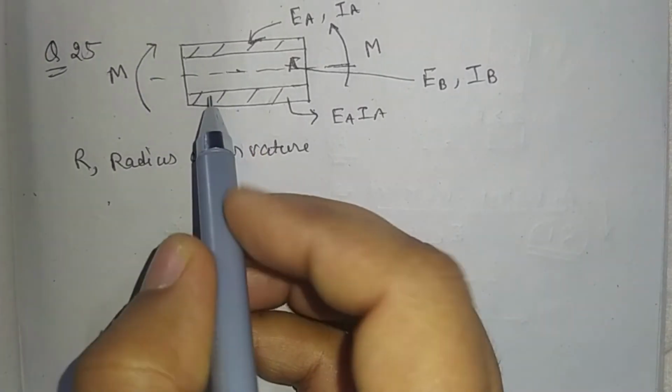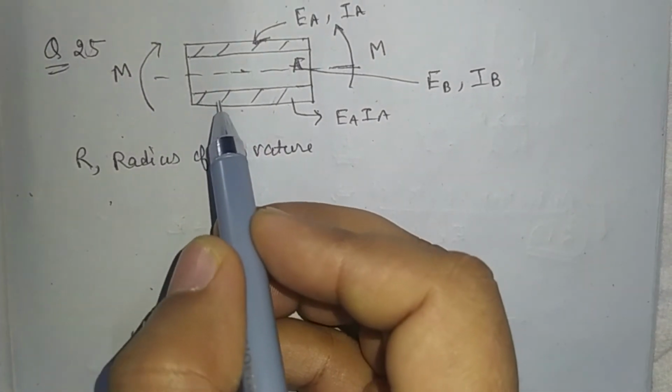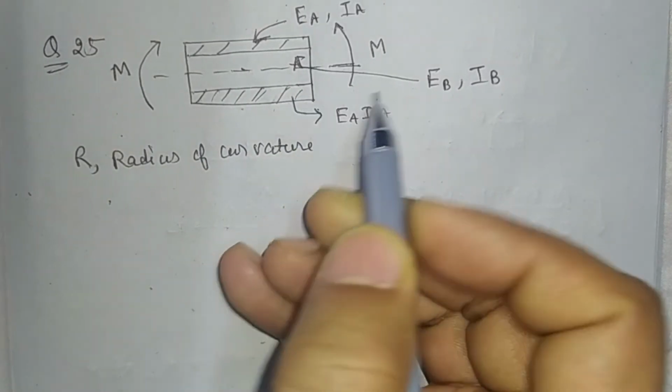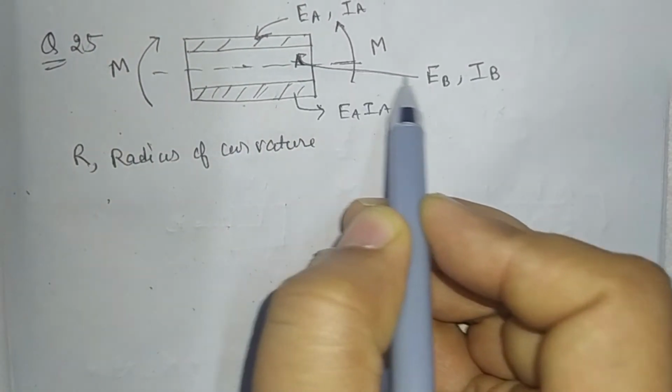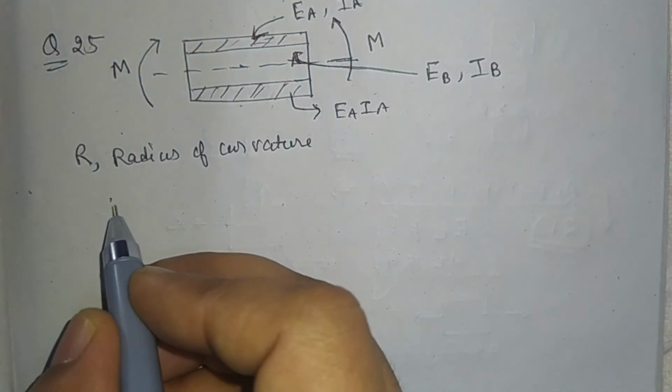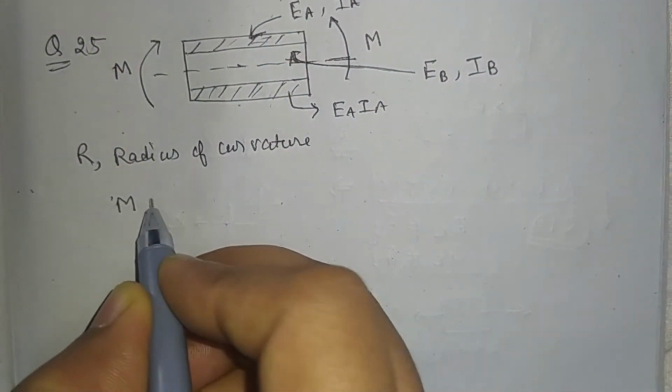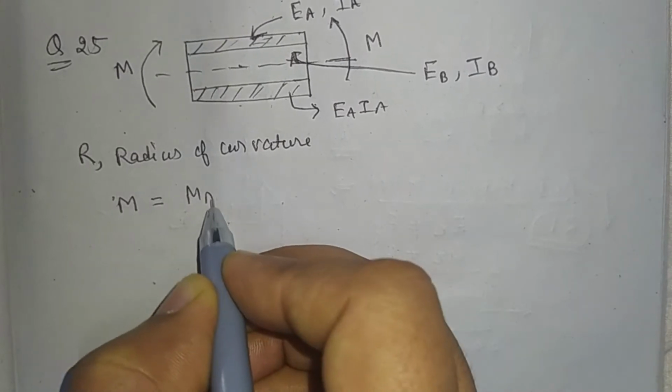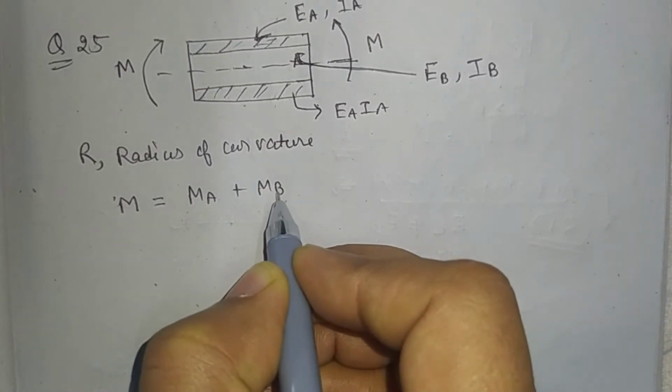As we know, the moment is taken by these two different materials, so the total moment of resistance will be MA plus MB.